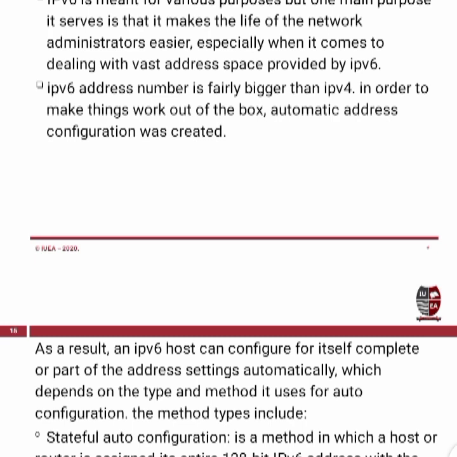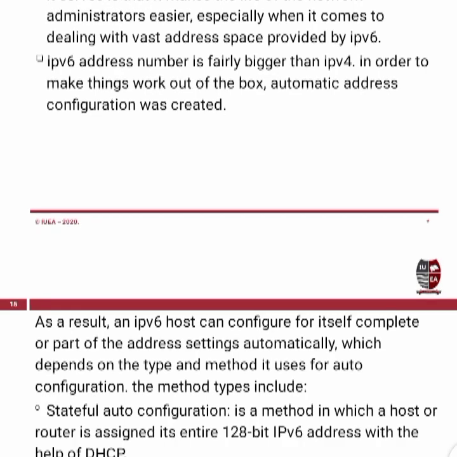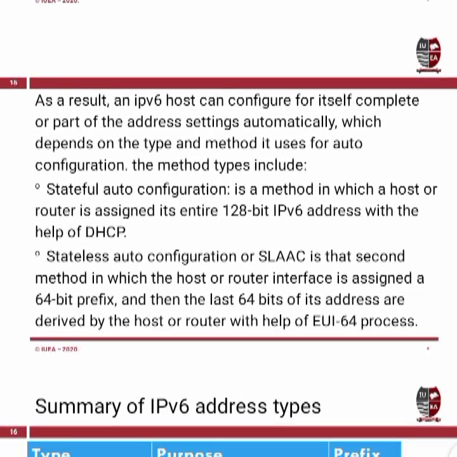automatic address configuration was created. As a result, an IP version 6 host can configure for itself complete or part of the address settings automatically, depending on the type and method of auto configuration it uses.